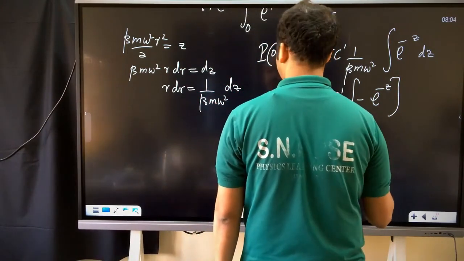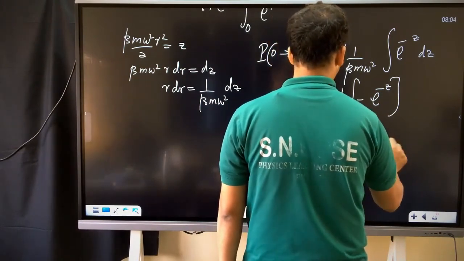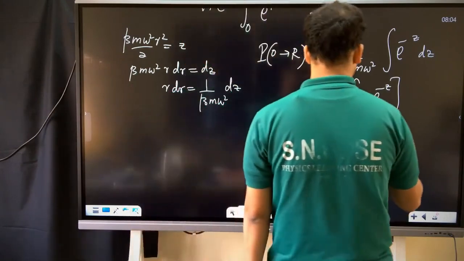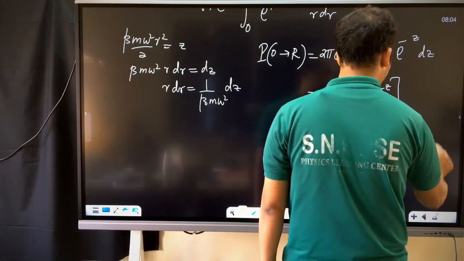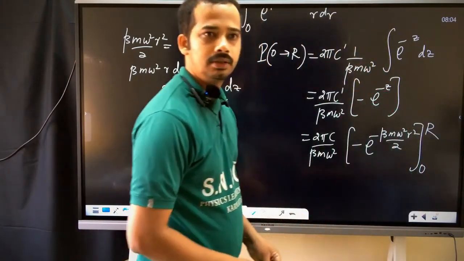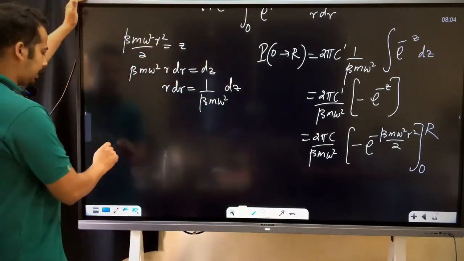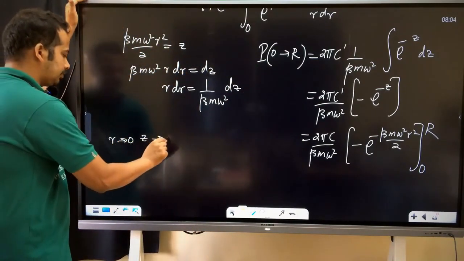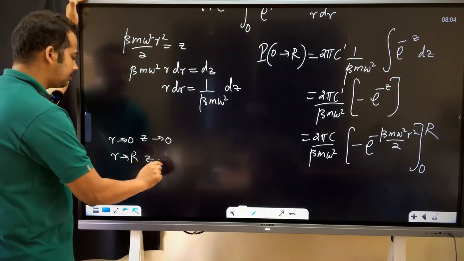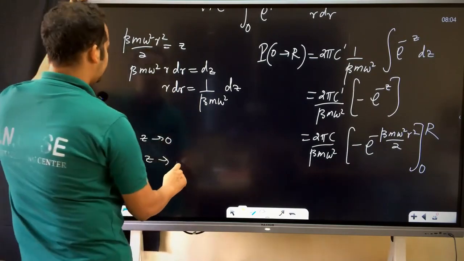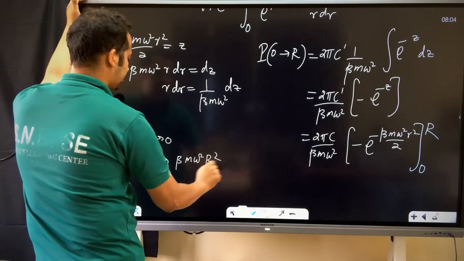Now I will substitute that z value: minus e power minus beta m omega square r square by 2, then I will take 0 to capital R. Otherwise, you need to convert the z limits. As r tends to 0, z tends to 0. As r tends to capital R, z tends to beta m omega square capital R square by 2.